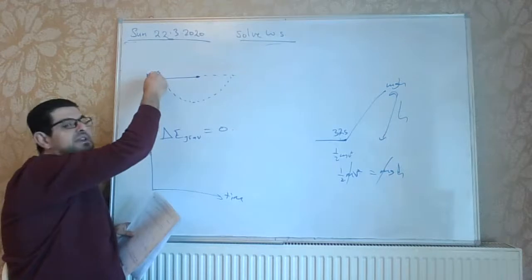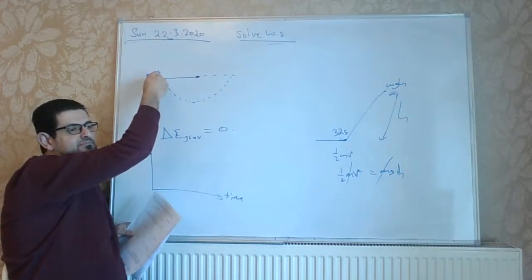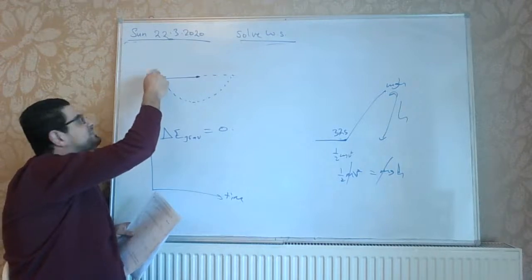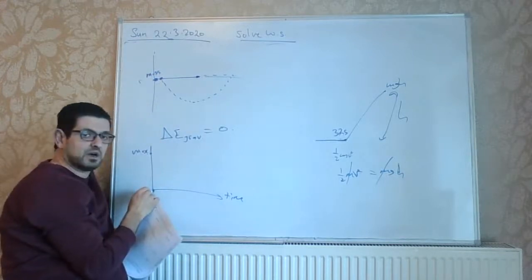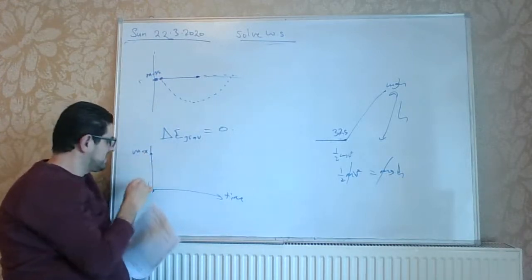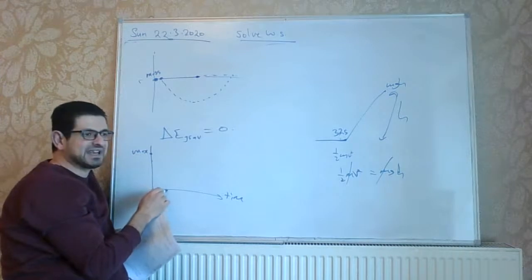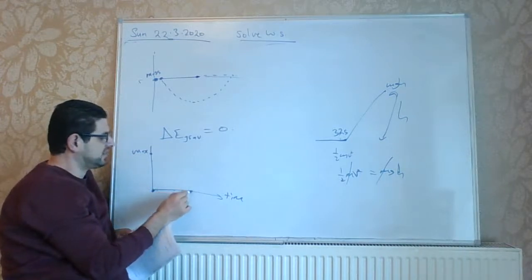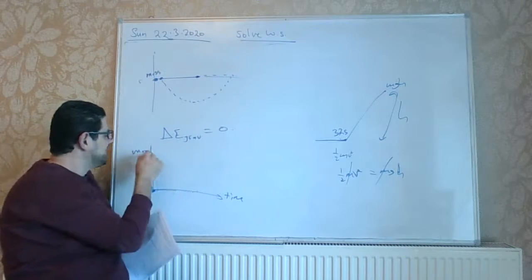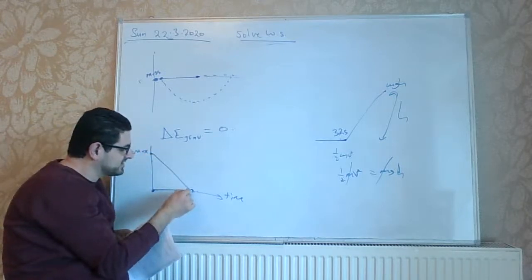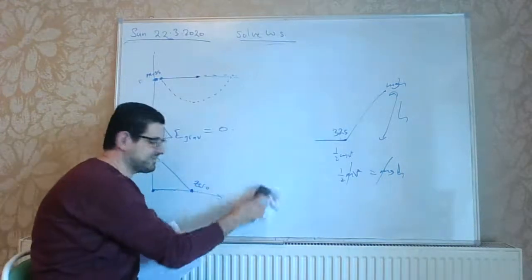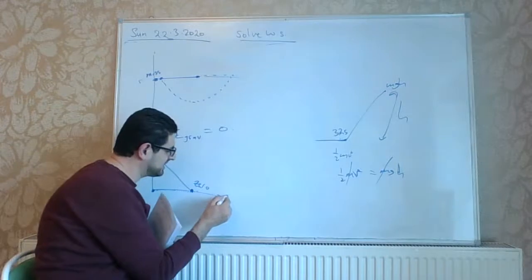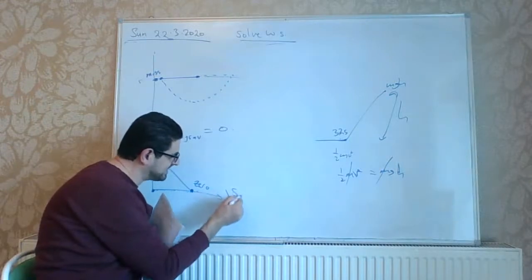The vertical displacement here is maximum, or sorry, the vertical displacement here is zero. Then the vertical displacement increases until it becomes maximum, then the gravitational potential energy becomes zero, because it depends on the vertical displacement, not time.